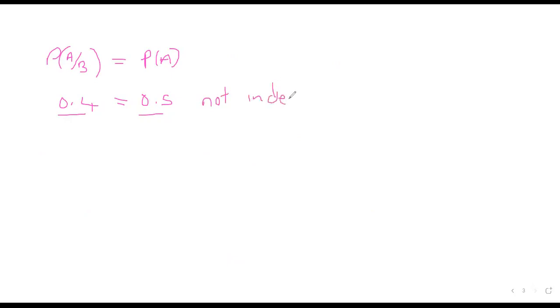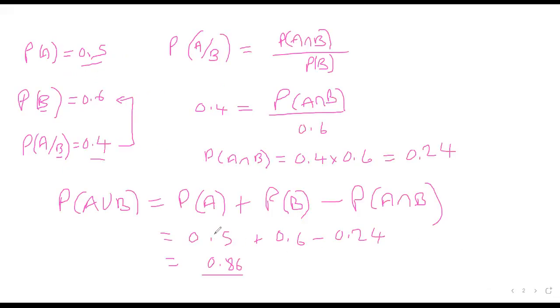To know whether they're mutually exclusive, we compare them now. Our A intersection B must be equal to 0. So what was our A intersection B? It was 0.24.